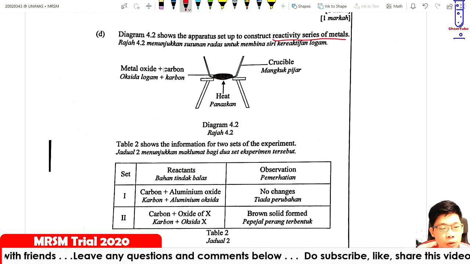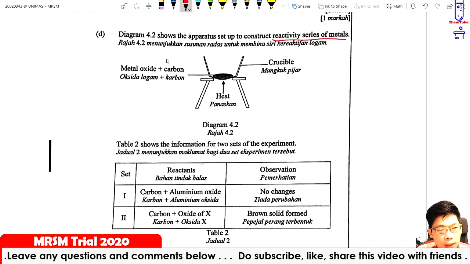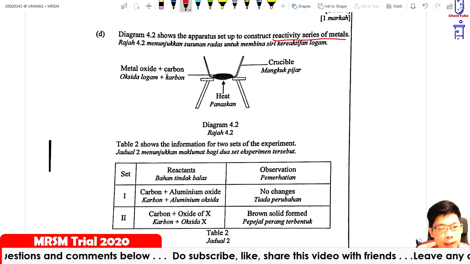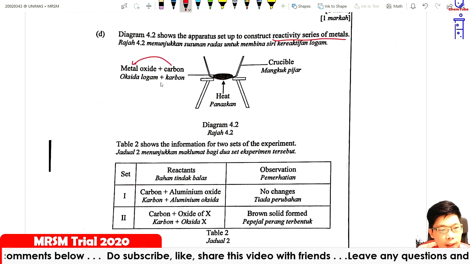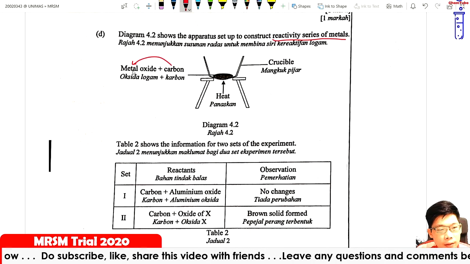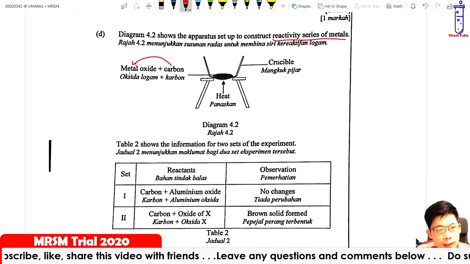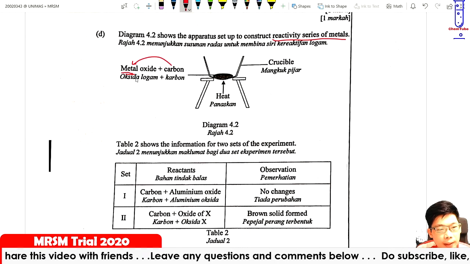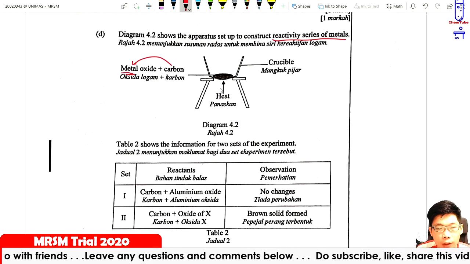The concept here is, once we heat the mixture, if it burns or glows, meaning that the carbon can displace the metal from its oxide, the carbon is more reactive than the metal. If there is no reaction, the metal is more reactive, so carbon cannot displace the metal from its oxide.